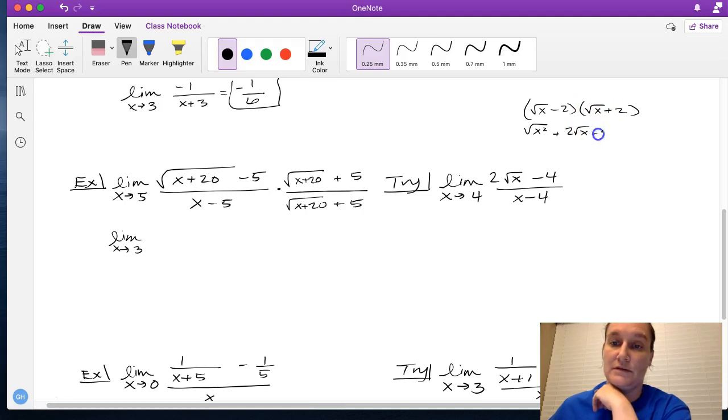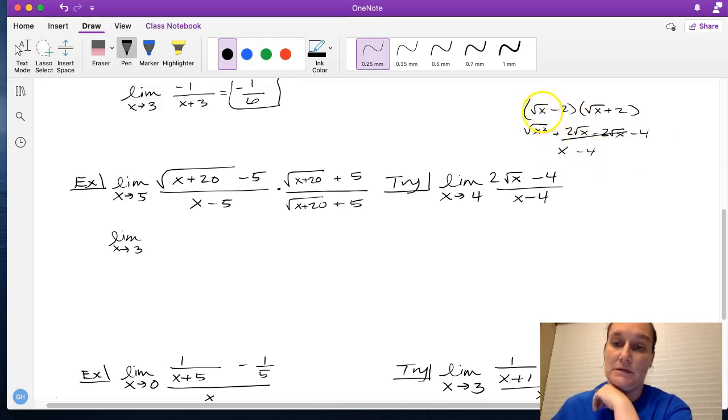Negative 2 square root of x is negative 2 square root of x. And negative 2 times 2 is negative 4. My middle terms cancel because this is essentially a difference of squares. Square root of x squared is x, and then you have minus 4.